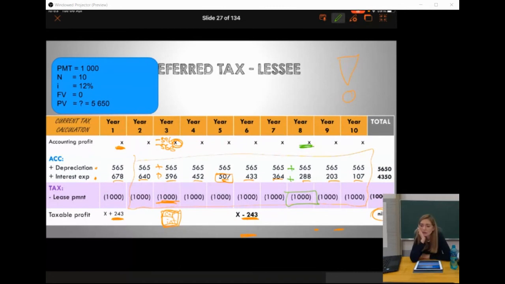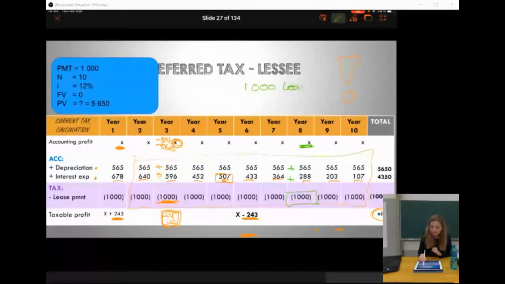If you have something like maintenance, non-lease components, what will the tax versus accounting treatment be? Okay, good question. If you have these non-lease components, then remember for accounting purposes, they will just be expensed. So let's say that the 1,000 Rand was for my lease component, and then we had an additional 100 Rand for my non-lease component.